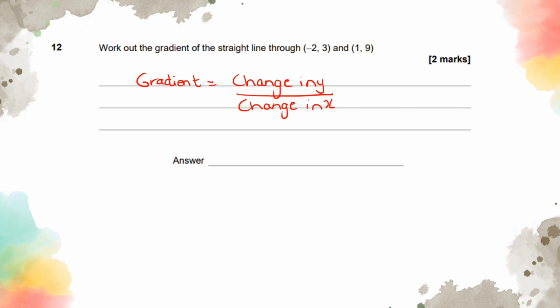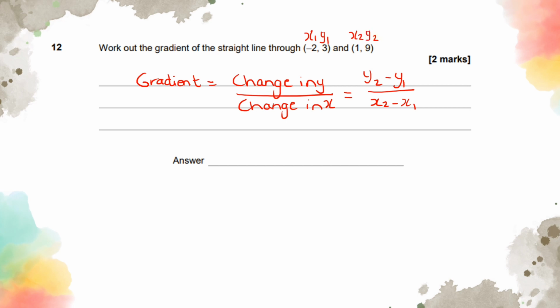Okay. So change in y divided by change in x is the same thing as second y take away the first y divided by second x take away the first x. There you go. x1, y1. Remember, coordinates are given to you as x, y in alphabetical order. X is first, y is next, second x, second y.